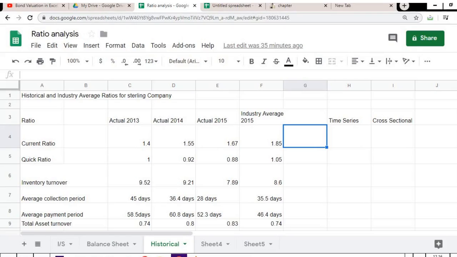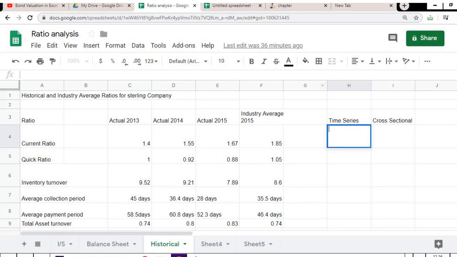I just finished writing the stuff, and then I want to jump to the time series and cross-sectional. For the time series, what is time series? Time series analysis evaluates performance over time.